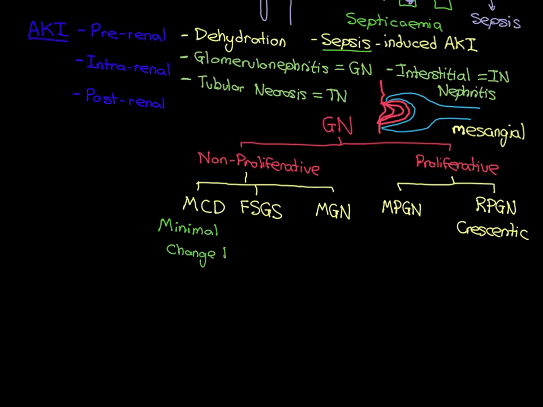And you can probably guess by the name what the histological feature of minimal change disease is going to be. Minimal change disease is the most mild form of glomerulonephritis. When a histopathologist looks down the microscope at a renal corpuscle that has been affected by minimal change disease, they see minimal change. That's where the name comes from. So there's very little change to see in minimal change disease.